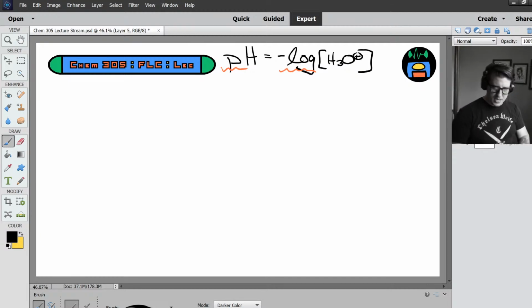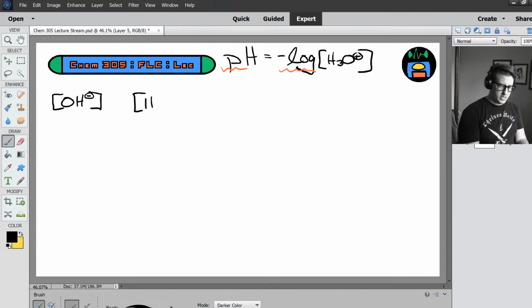All right, so let's get some reps again. For some of us, it's been a while since we've hit this button on our calculators. Let's consider a solution where we'll put our molarity of hydroxide here, molarity of hydronium here, and then pH here.